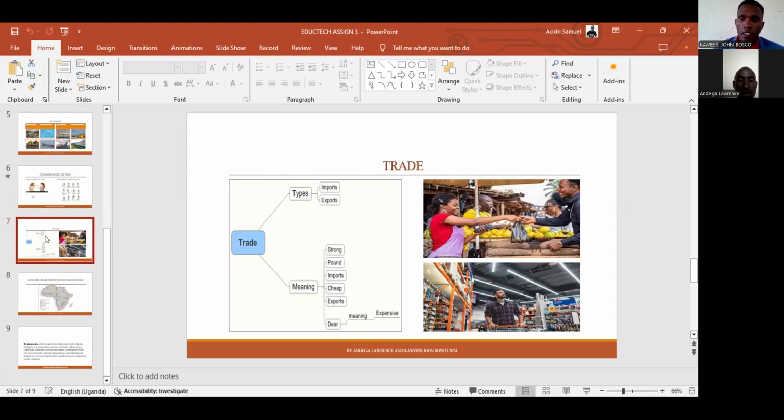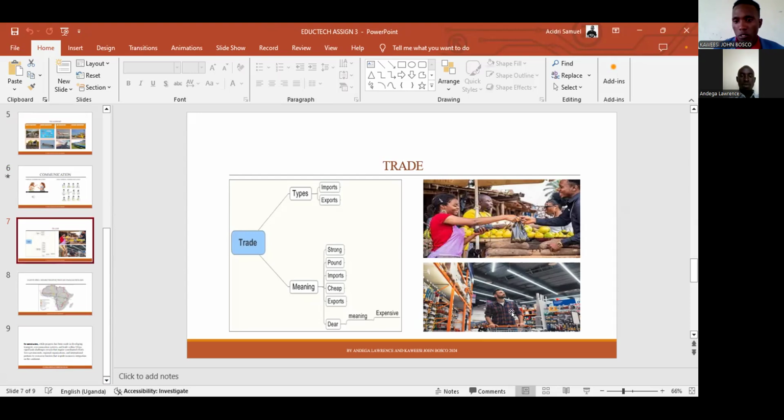Thank you so much, my dear student. So, trade involves selling and buying of goods. Because as Mr. Lawrence has said, the people in this image are trying to interact, they are selling and buying items like mangoes.